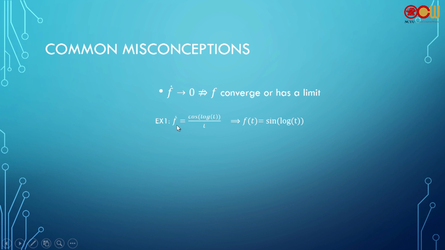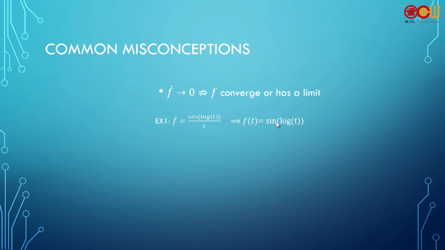So the counterexample will be this. If x dot is equal to this, the solution f(t) will be sine of some log t. As t goes to infinity, the argument in the sine function will never reach a constant, because it's a sine function. As log t increases, sine never reaches a constant.